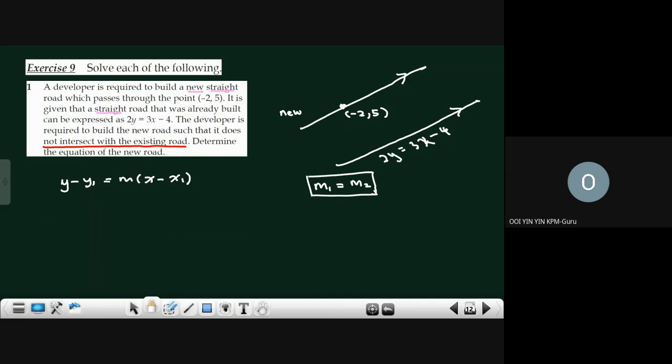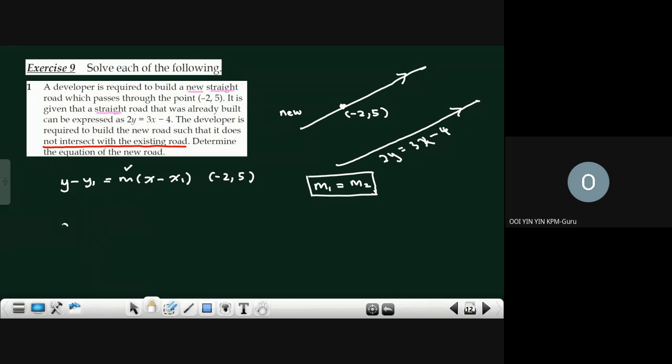We already have our point, (-2, 5). What we need is our m. How to find m? They already tell you that the old and new roads are parallel, so we can look for the gradient from the old equation.